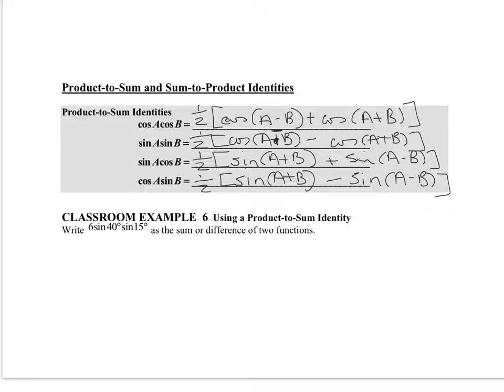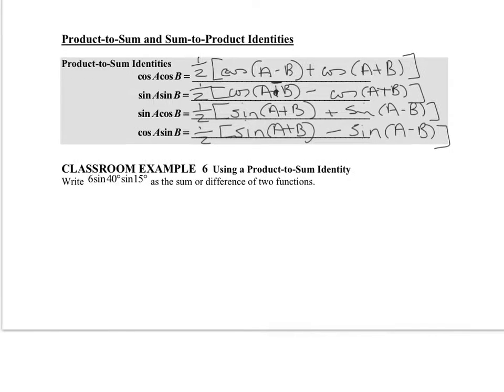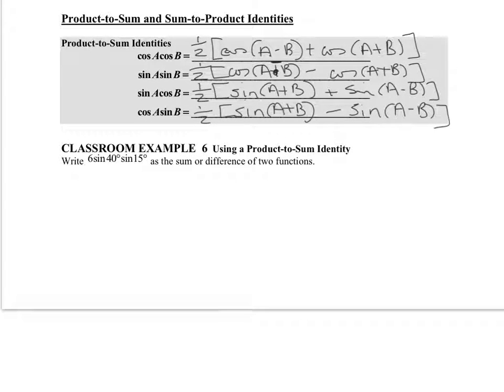We're supposed to write 6 times the sine of 40 degrees times the sine of 15 degrees as the sum or difference of two functions. So it doesn't tell us we have to solve it, does it? It just tells us to write it as the sum or difference of two functions. So tell me, if I have 6 sine 40 sine 15, that would mean that this 40 would be which part, an A or a B?